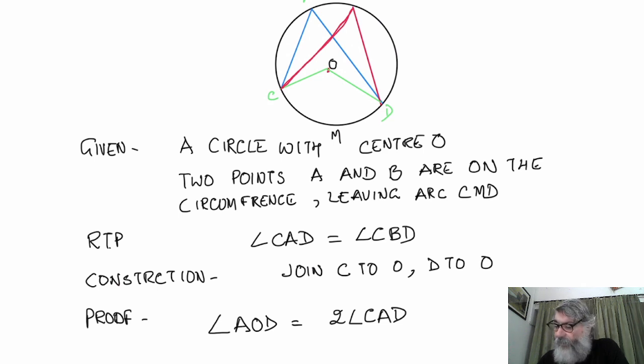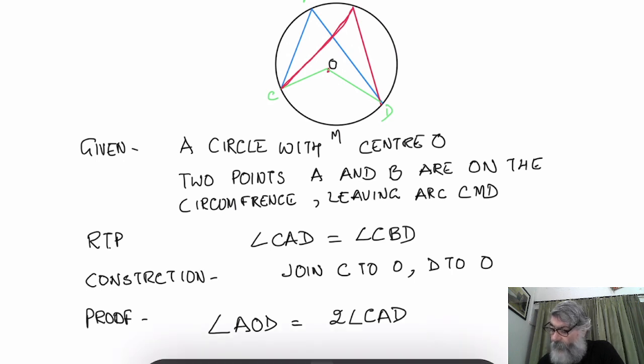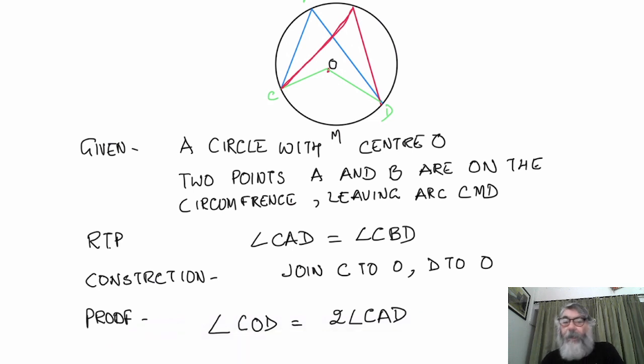Oh, what am I writing here? Why am I writing AOD? Angle COD is double of angle CAD. Why?